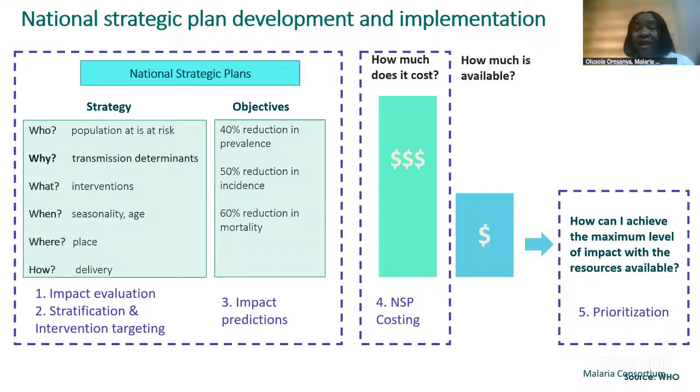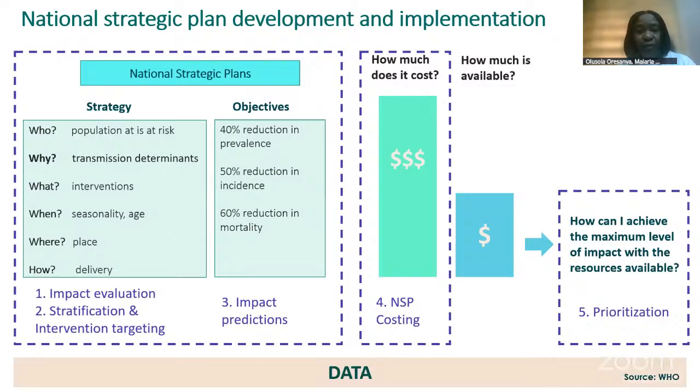And that is prioritization. Once you have your pool of interventions, and you have a huge amount of money that it is going to cost you, then you ask yourself, we don't have so much money. We only have this little envelope. So with this little envelope, how much can we take on? And this is where prioritization comes in the process for NMSP development.